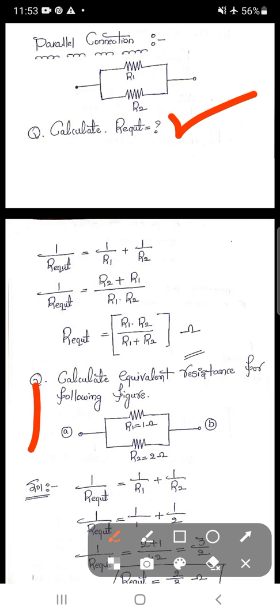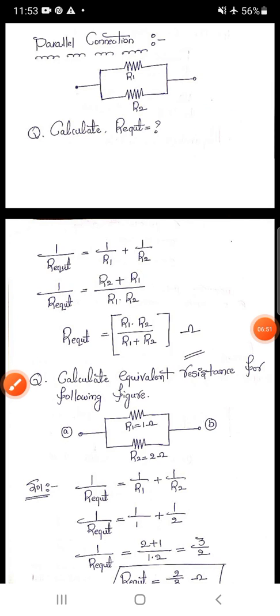So that is the reason why 1 by R equivalent is equal to 1 by R1 plus 1 by R2. It means the reciprocal of R equivalent is equal to the reciprocal of R1 plus the reciprocal of R2.